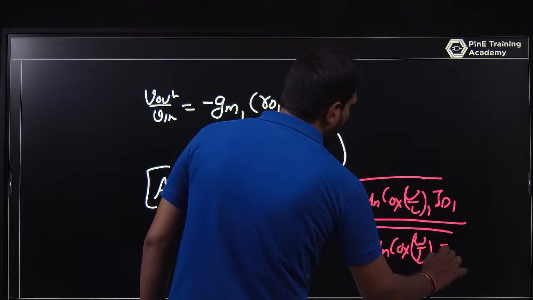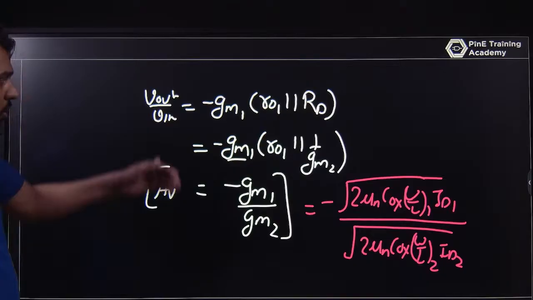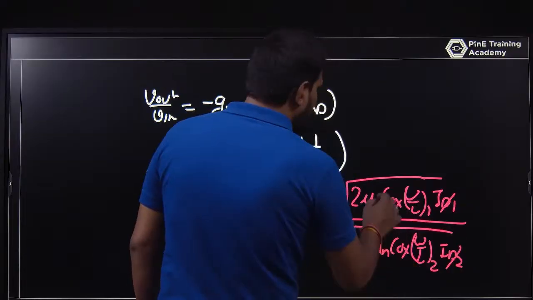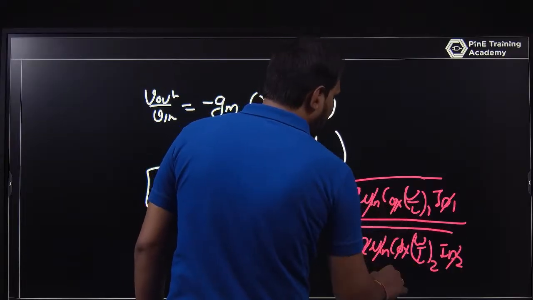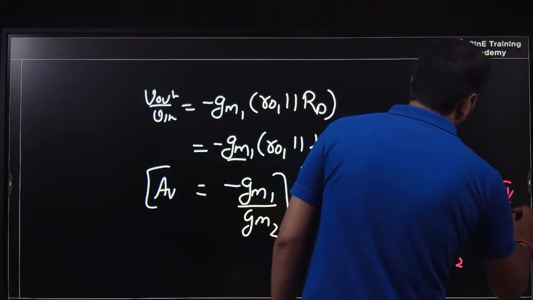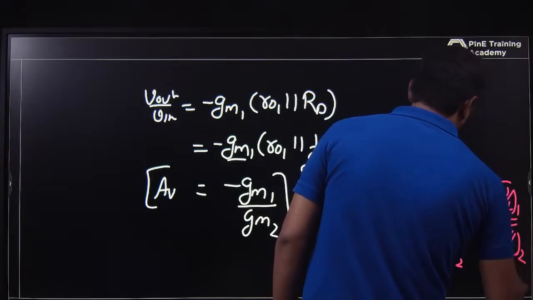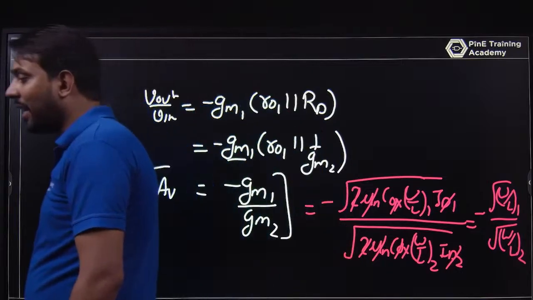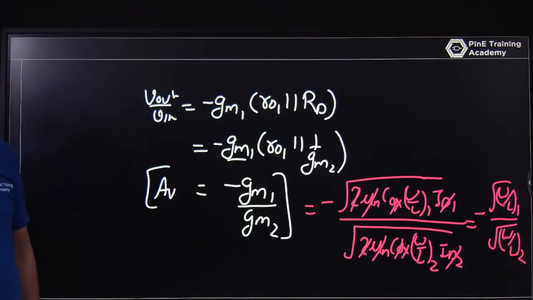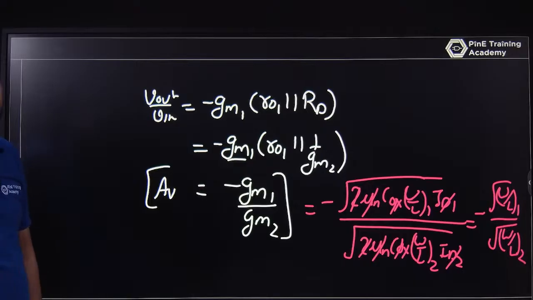Both are in series, so ID1 and ID2 will be the same, and the mobility will be the same. Everything is the same except W by L of 1 upon square root of W by L of 2. So you can increase the gain with respect to only W by L. If you increase the W by L of 1, the gain will increase.